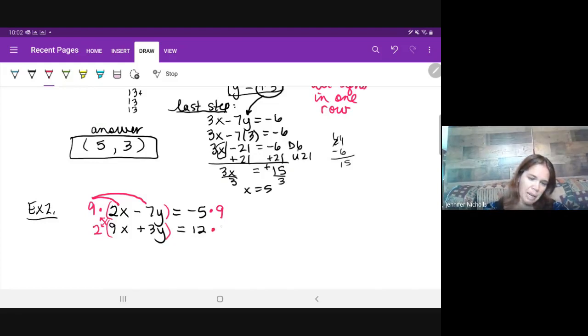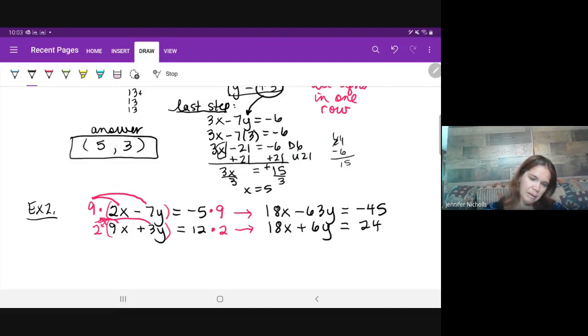I'm going to put that on both sides. And then we're going to distribute. Okay, I usually write it to the right for organization. 18x minus 63y equals -45. Okay, these numbers are pretty big this time. 18x plus 6y equals 24.